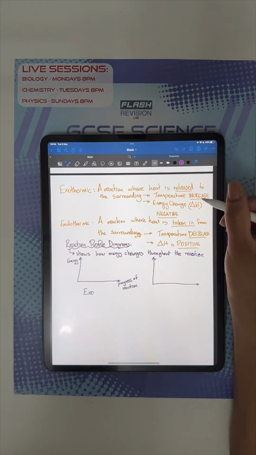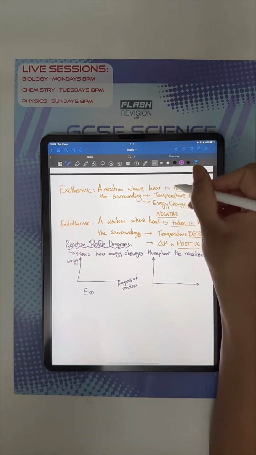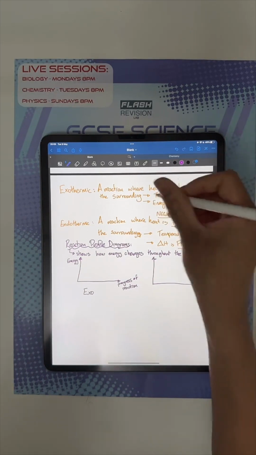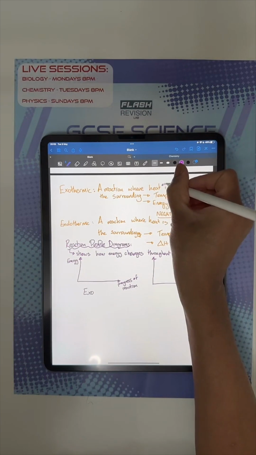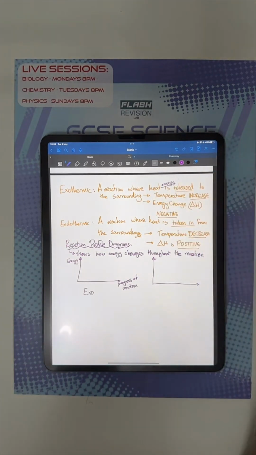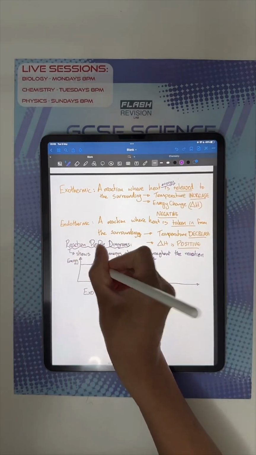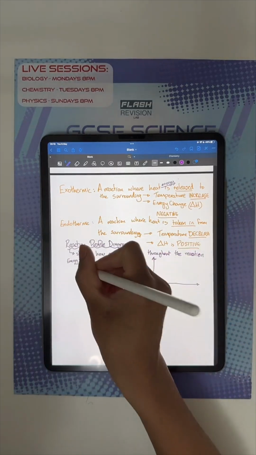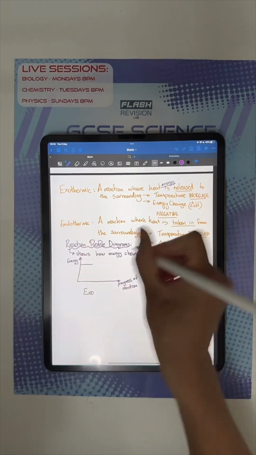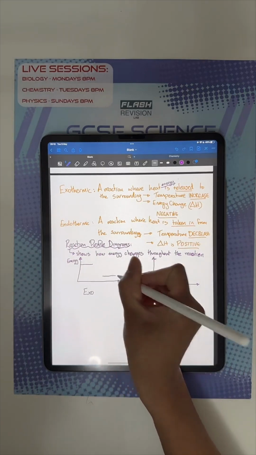Yeah, because remember, energy change is negative. Heat is being released to the surroundings. When I say heat, I mean heat energy. So if heat energy is released, the energy of your reactants, what you start off with, is going to be high, and then it's going to lose energy to the surroundings and end up low.